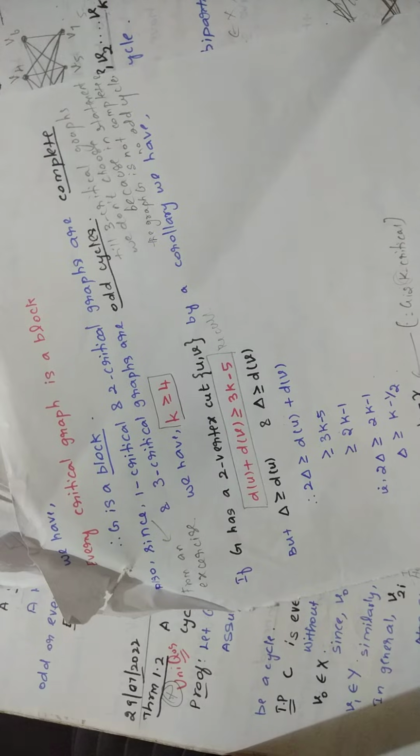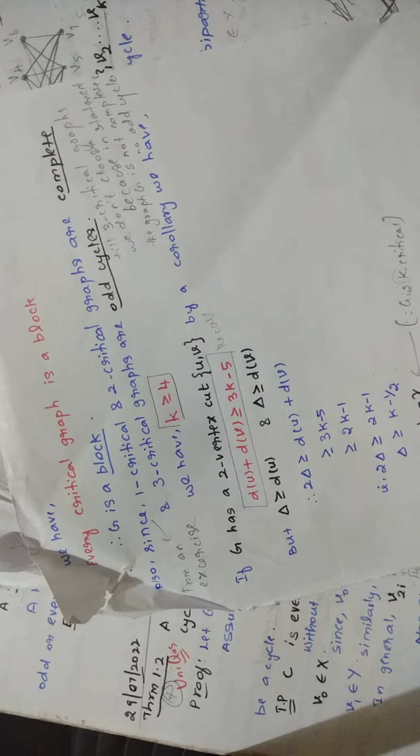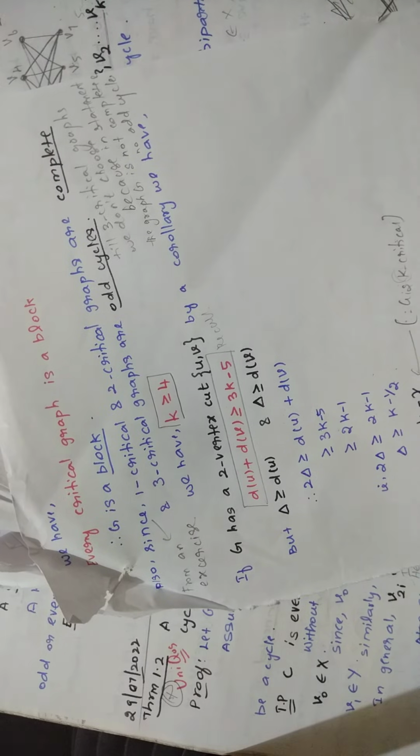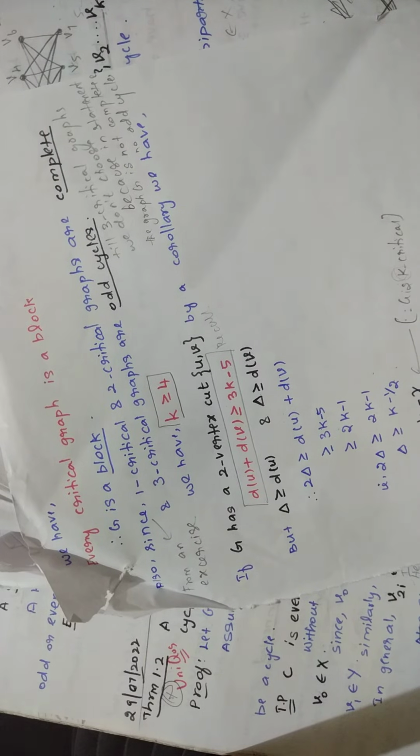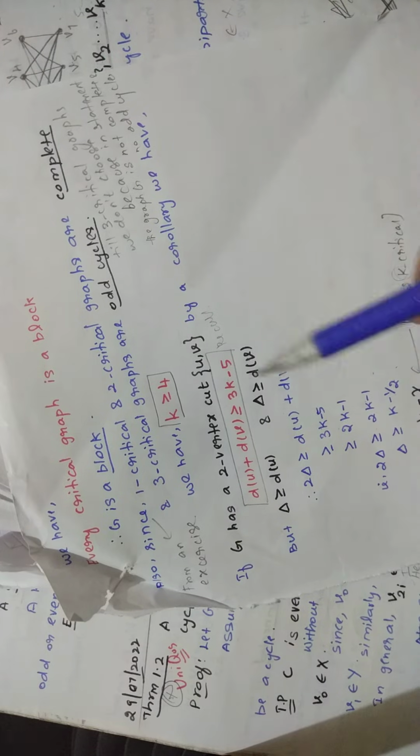When you take the vertex V from that graph, the graph will be disconnected. So these two are called vertex cuts. That is why if G has a 2 vertex cut, then by a corollary you will get this result. Write it.